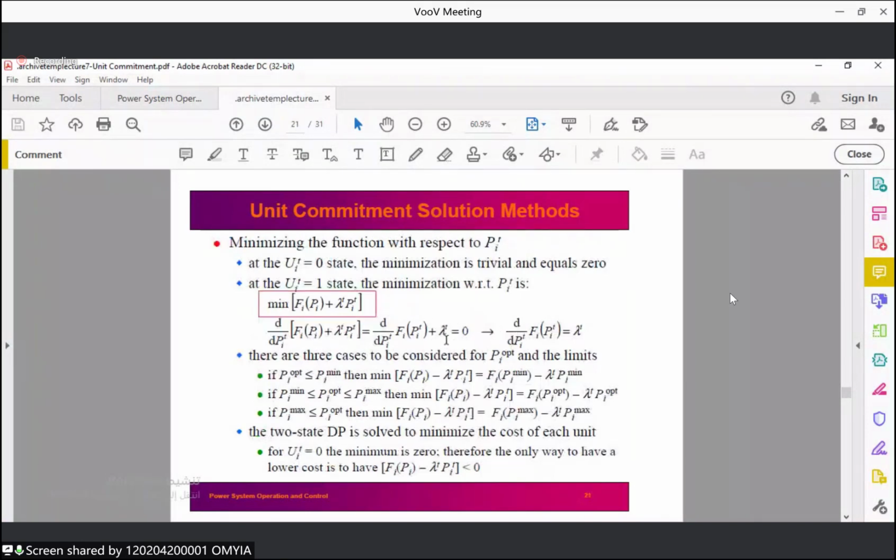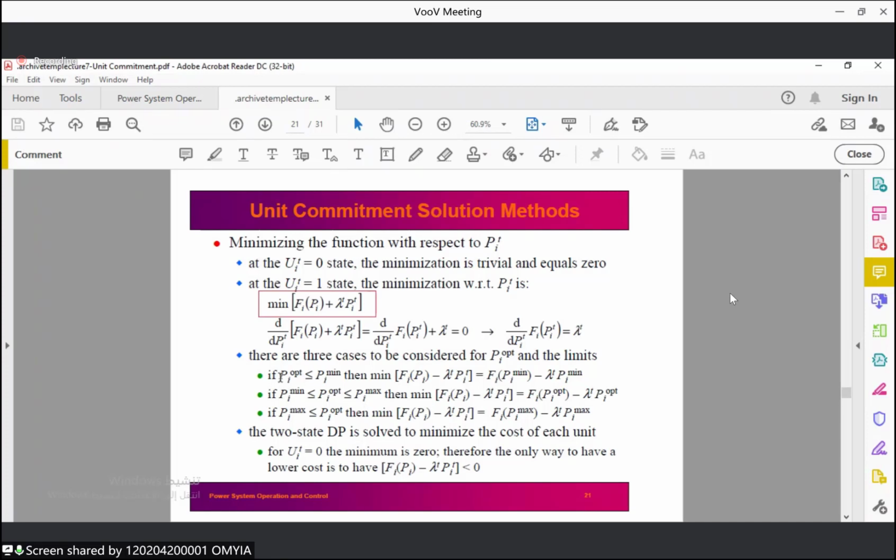So we will take this lambda to the other side, and finally we will get the first derivative of Fi(Pi(t)) equal to lambda(t). And there are 3 cases to be concerned with for Pi optimum and the unit limitation.